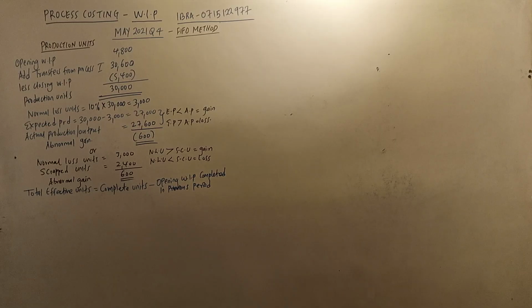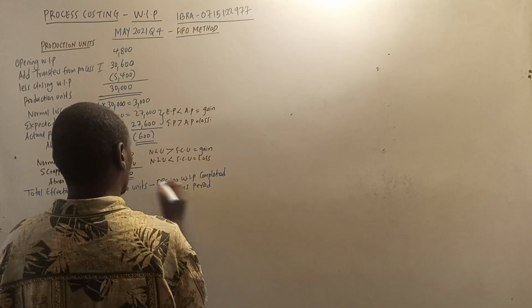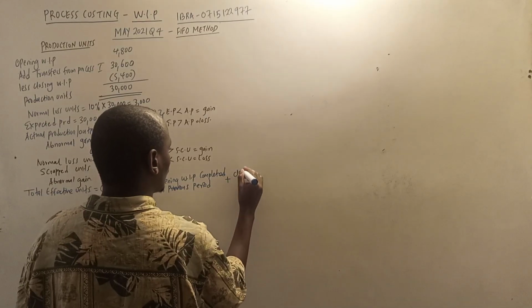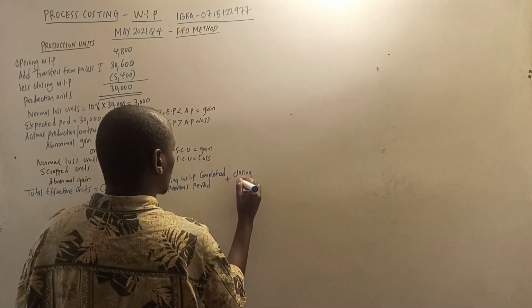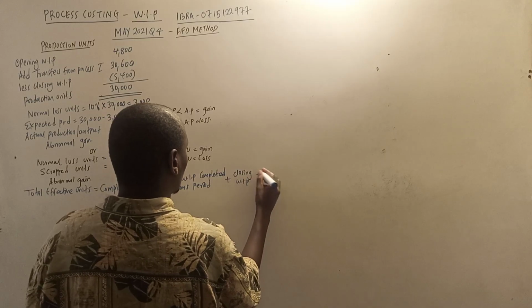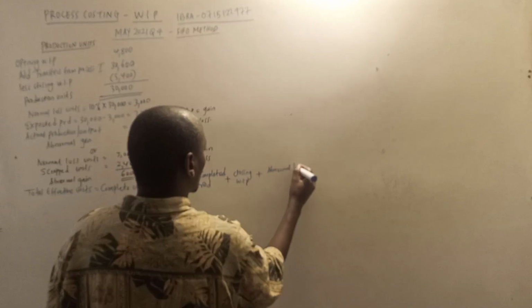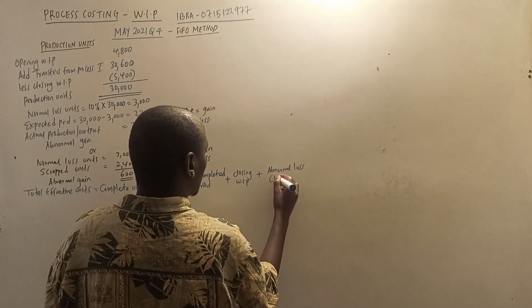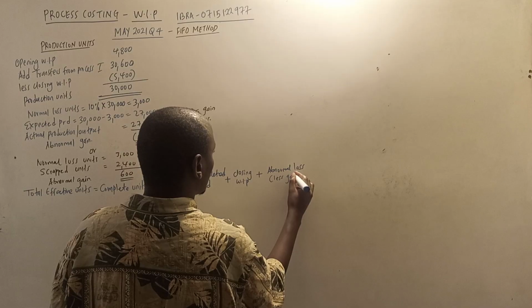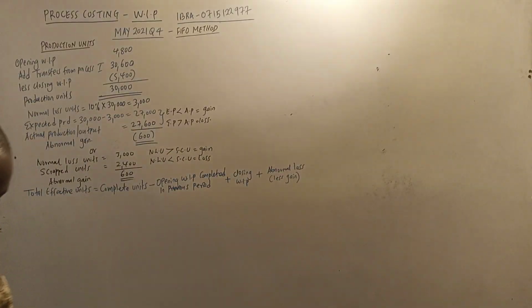Also, we add closing work in progress. Then we add abnormal loss. Then we less gain, so if it's a gain, we less. That is it.